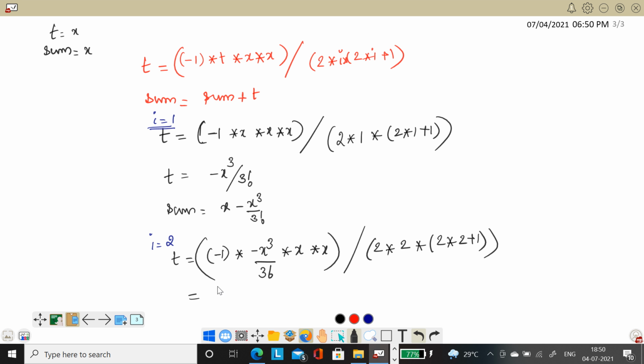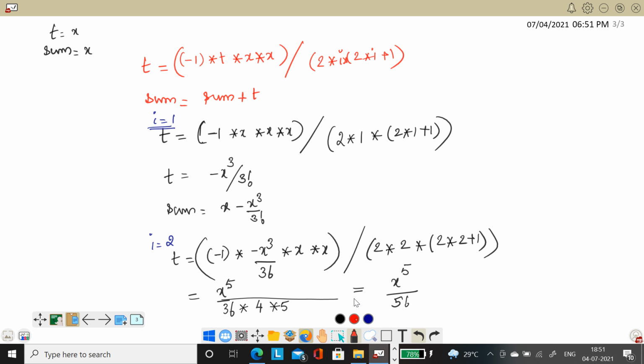Now observe, minus into minus becomes plus, so I will have x to the power of 5 divided by 3 factorial. Now the denominator: 2 into 2 is 4, into 2 into 2 plus 1, so this becomes 4 into 5. What does this represent? x to the power of 5 divided by 5 into 4 into 3 factorial, which is nothing but 5 factorial.